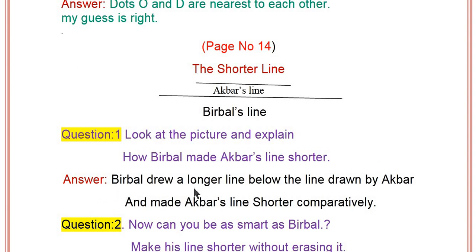Answer, Birbal drew a longer line below the line drawn by Akbar and made Akbar's line comparatively shorter. Obviously Akbar's line becomes shorter than Birbal's line because Birbal drew a big line below it.